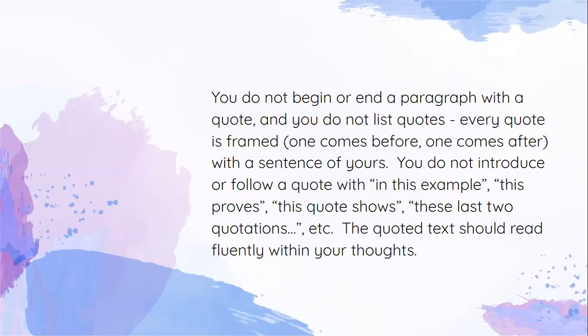You don't actually have to say this quote shows, you can just state what you think you should be arguing. You don't need to say "in this example" or "this quote shows." It's not necessary because of course the reader will know that the quote is showing something, so you don't need to state it again. It's kind of redundant. And the quoted text should read fluently within your thoughts.